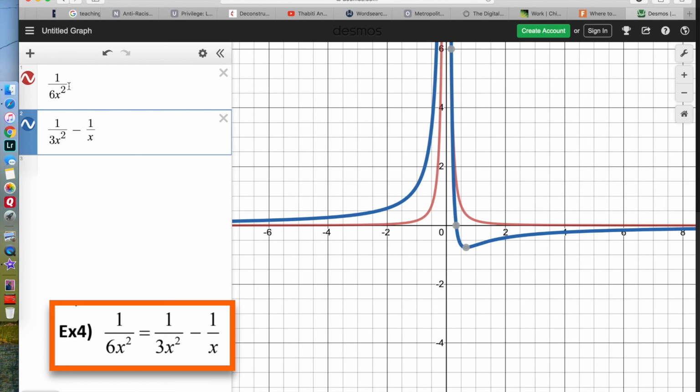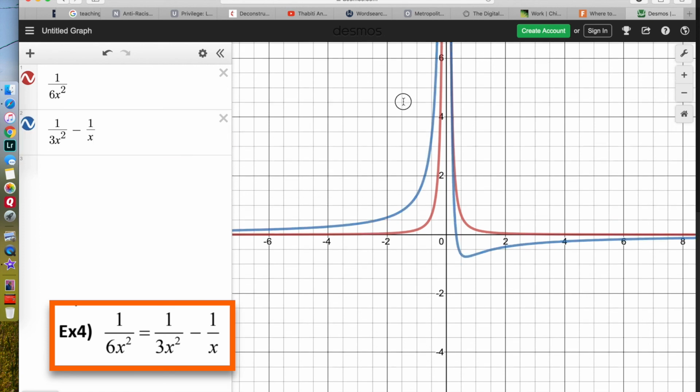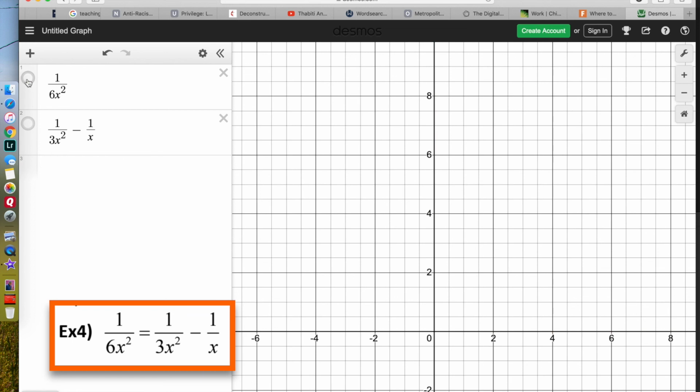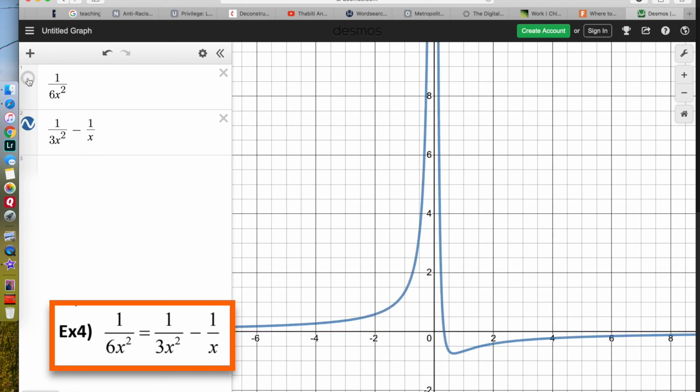And so what we're saying is we want to find where this function or this expression is equal to this expression and what that x value is that would make them equal to each other. And the first thing that I want you to notice is that both, and did you know that you can toggle on and off graphs over here by clicking on the circle? Both the red, which is the left side of the equation, and the blue, which is the right side of the equation, they both have a vertical asymptote at x equals 0.